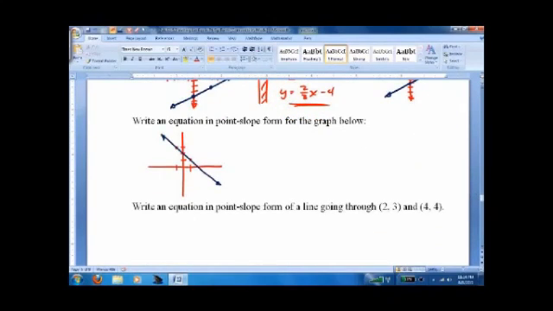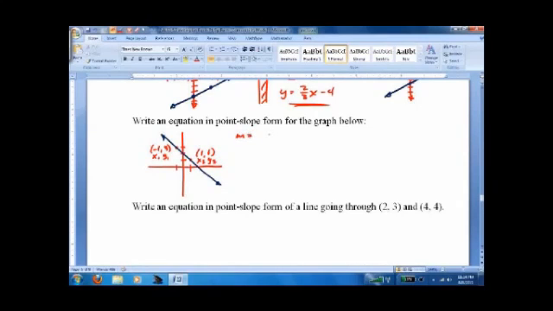So now write an equation in point slope form for this graph. Well, first thing we need is the slope. So this point is -1, 3. Call that x1 and y1. This point is 1, 1. Call that x2 and y2.